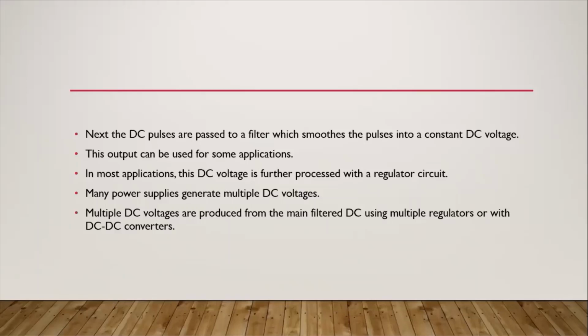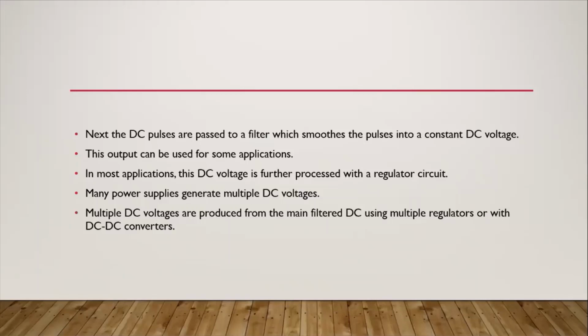For example, kung ang smoothing component ay capacitor, dadaan ito sa capacitor, then magiging constant DC voltage na ito. Then this output constant DC voltage can be used for some application.